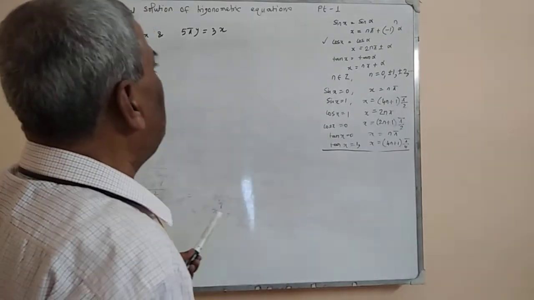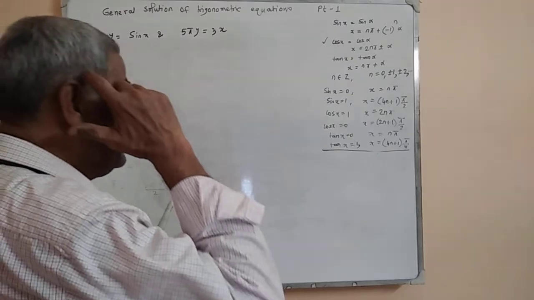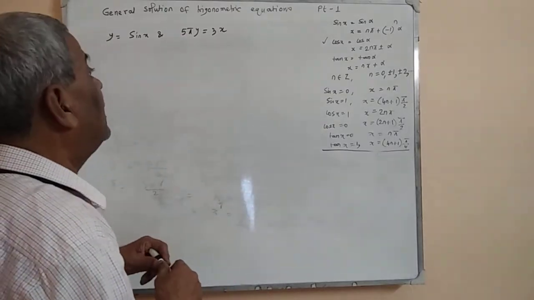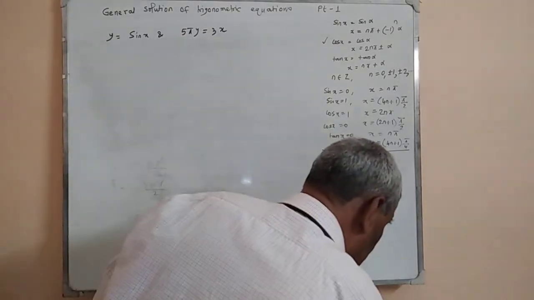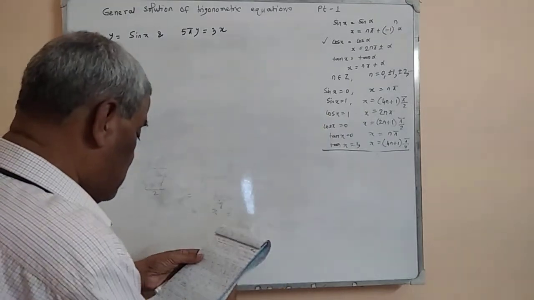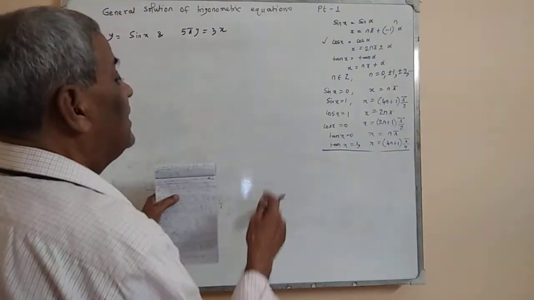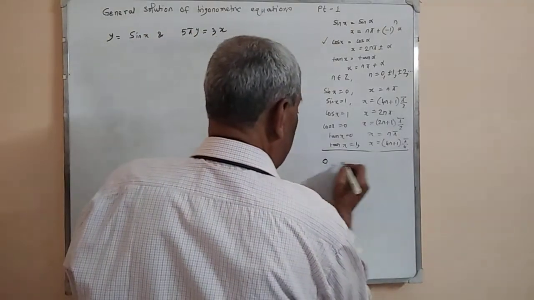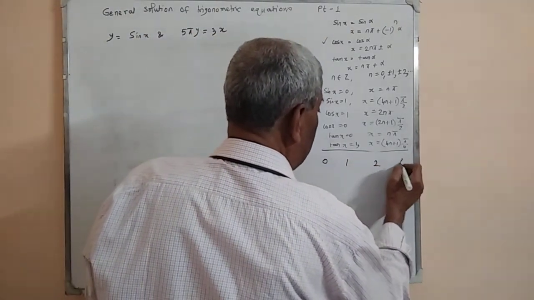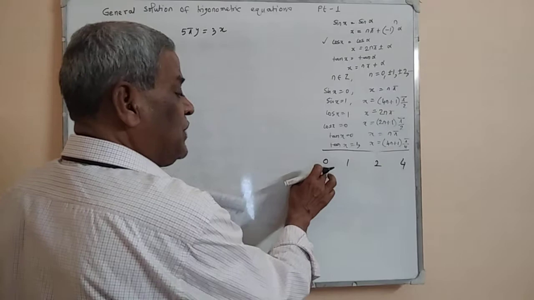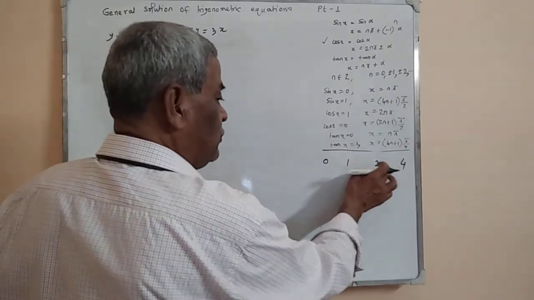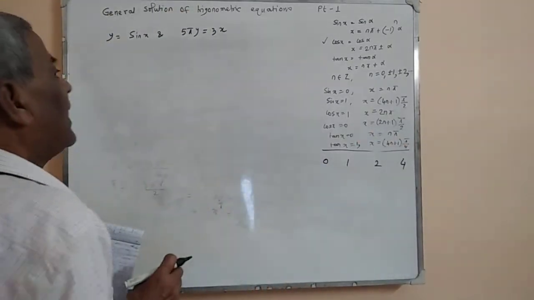Here in this problem, we have to find simply the number of solutions for these two equations. Options are 0, 1, 2, and 4. 0 means no solution, 1 solution, 2 solutions, and so on.